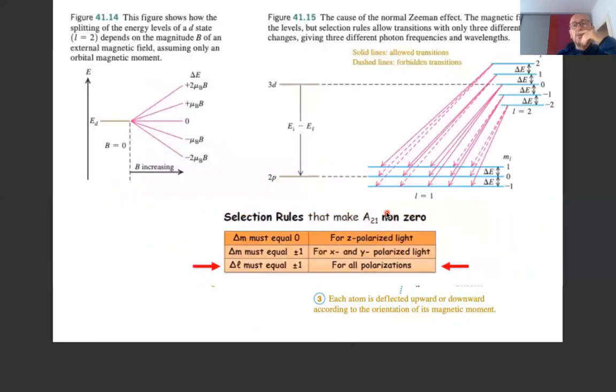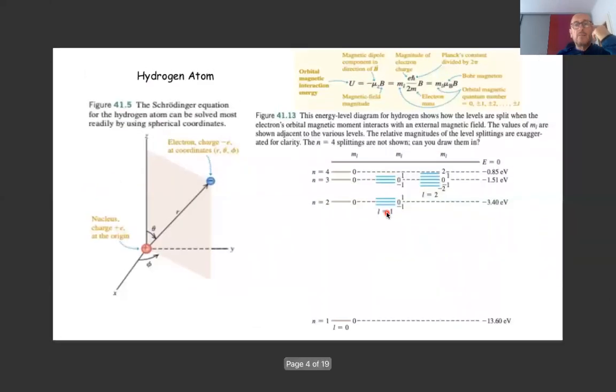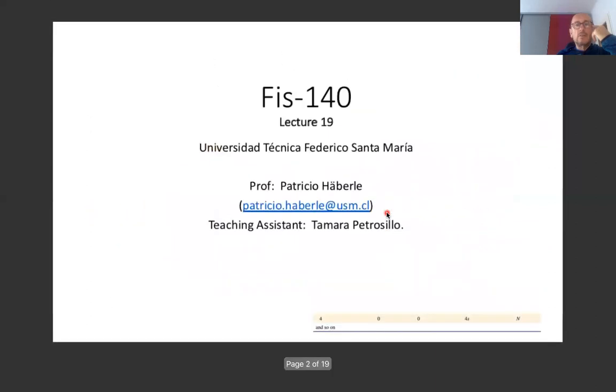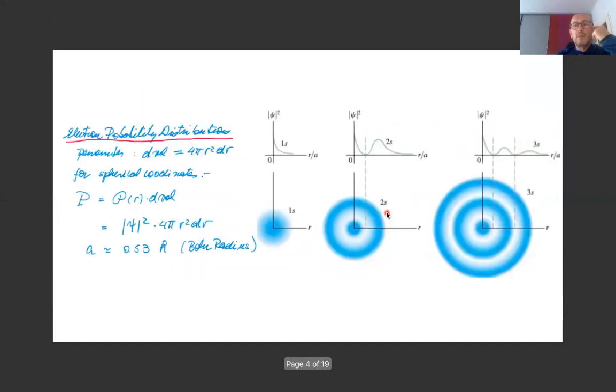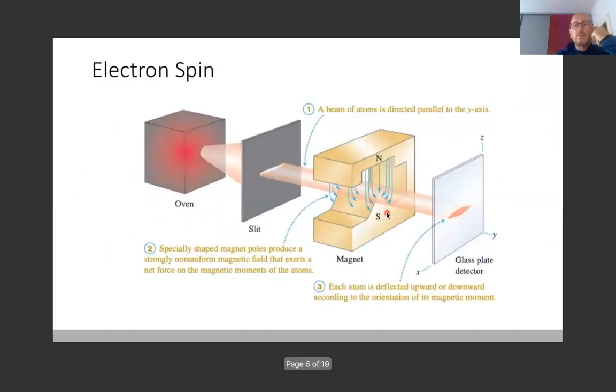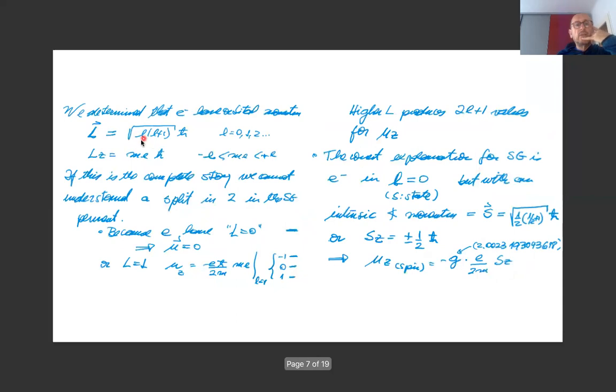If something has 2 components, and the magnitude of the magnetic moment, the modulus of the spin, has to do with this L times L plus 1. So wow, it means if I have 2 components, LZ must have 2 components. It means that ML must be fractional.